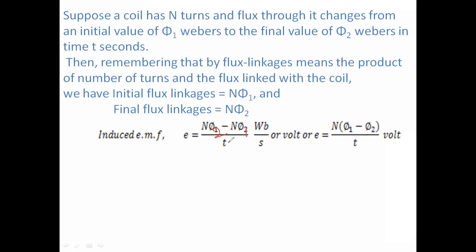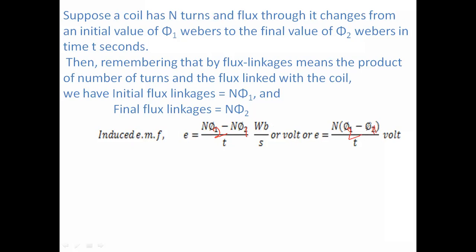So for a given amount of time, a change of the flux linkages produces the induced EMF, which is given in webers per second or volts. E is equal to nφ2 minus nφ1, that is n(φ2 minus φ1).